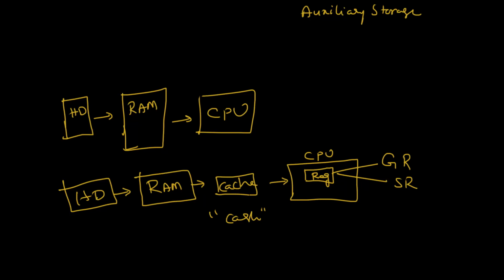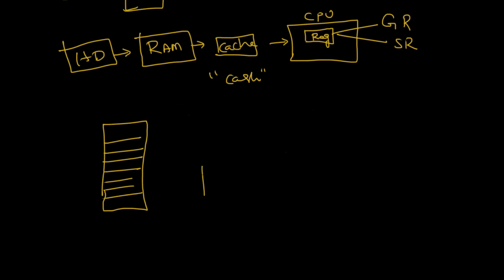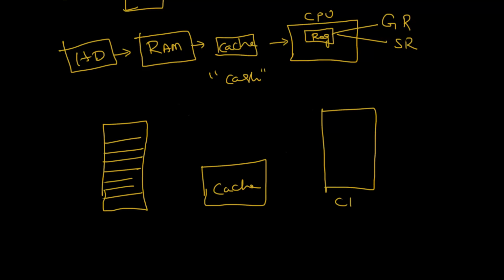But now I would like to introduce another memory called the cache memory. What is the purpose of this cache memory in between RAM and CPU? Let us understand this in more detail. We have a RAM. RAM contains both the instructions and data. In between, we have an extra memory called the cache memory, and then the CPU.